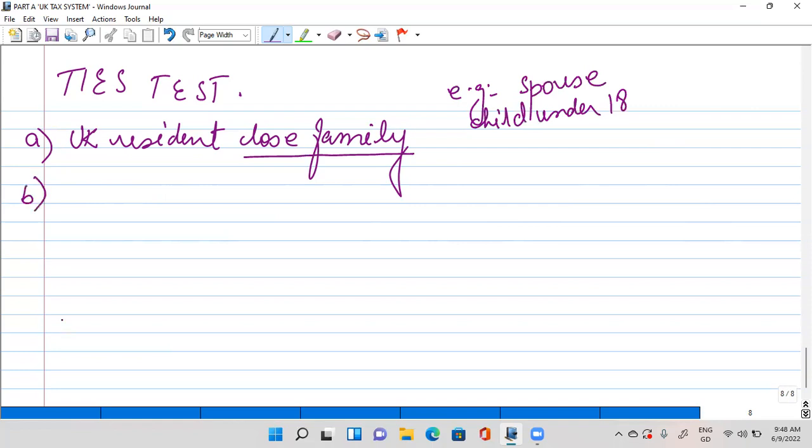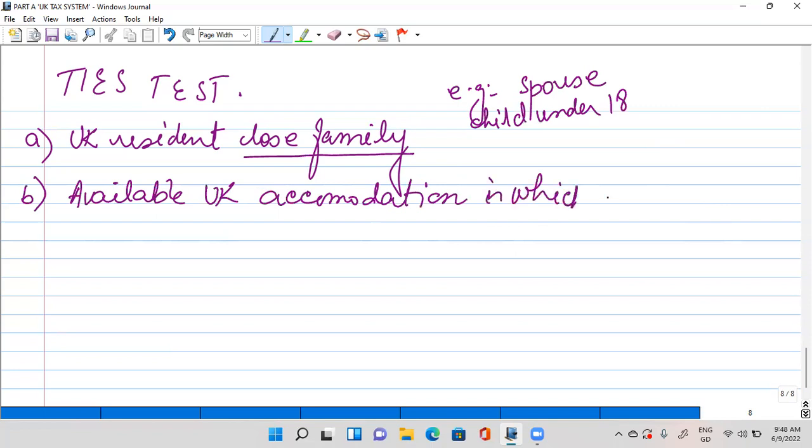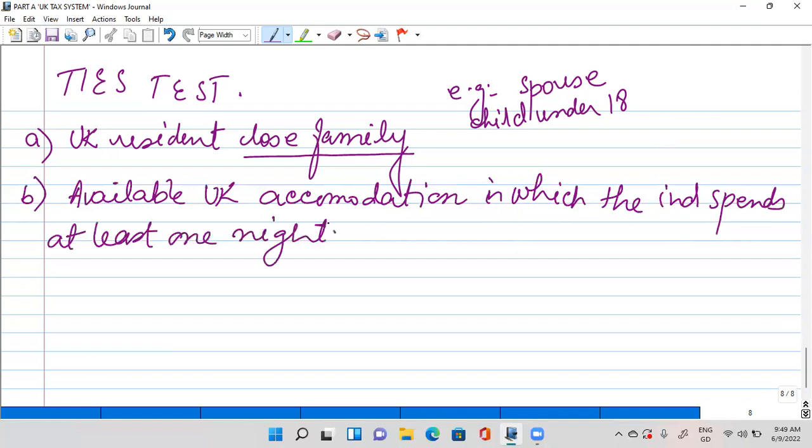The second tie says his home is available.